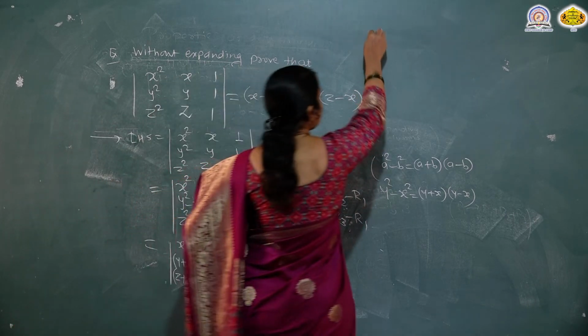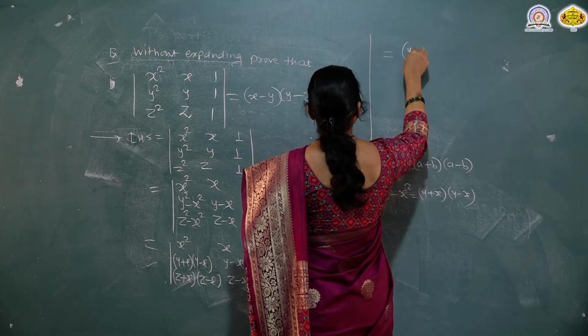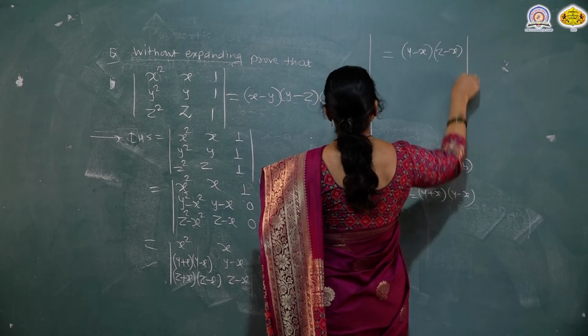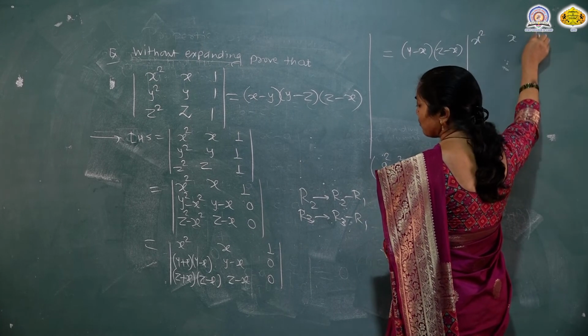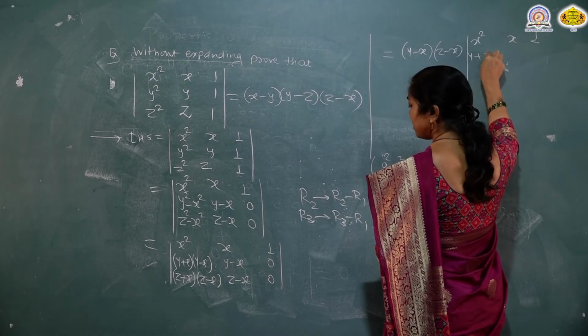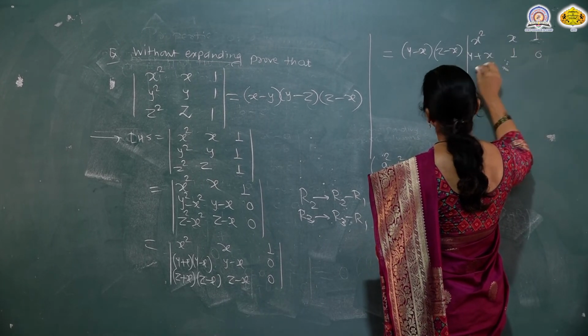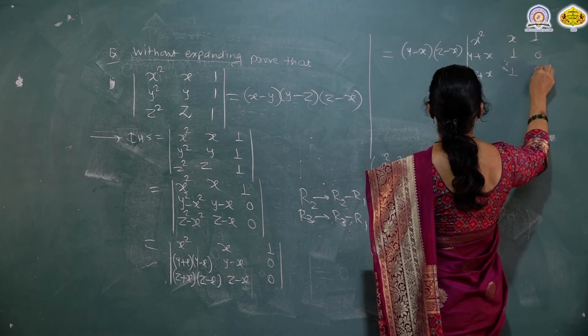So the determinant becomes y minus x, z minus x times the determinant of x square, x, 1; y plus x, 1, 0; z plus x, 1, 0.